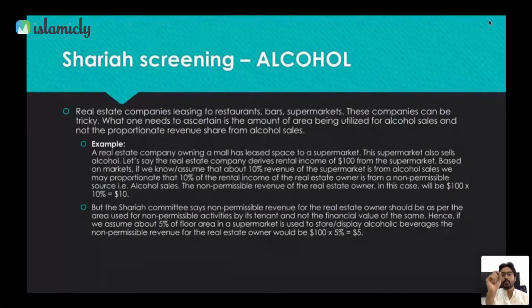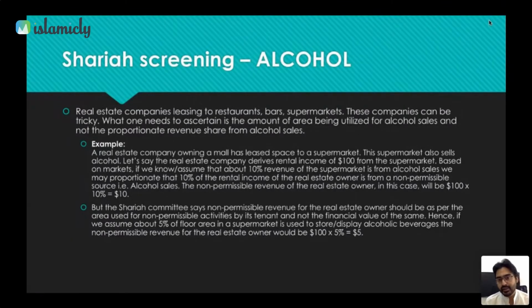Let's look into one more aspect of selling alcohol, in this specific example of real estate. Usually, a lot of people think that if a company is involved in real estate, everything is compliant. So let's look at real estate companies and the issues they have with respect to alcohol. Real estate companies leasing to restaurants, bars, and supermarkets can be tricky.